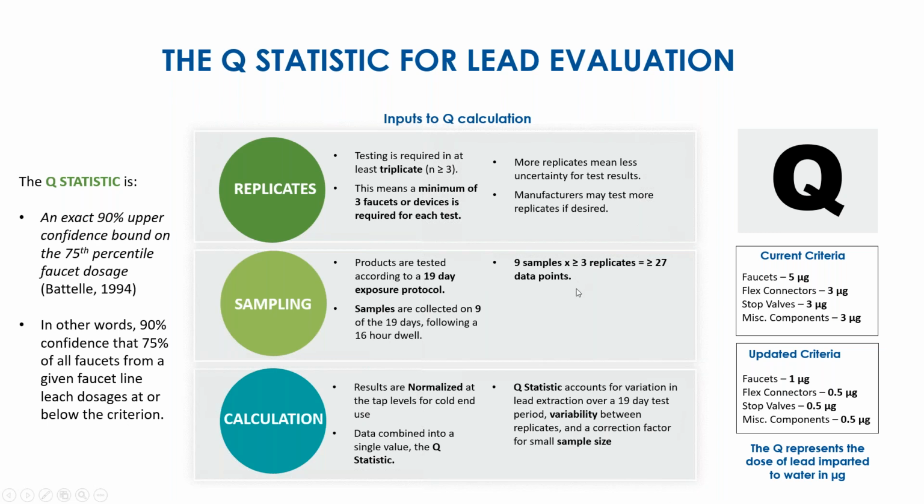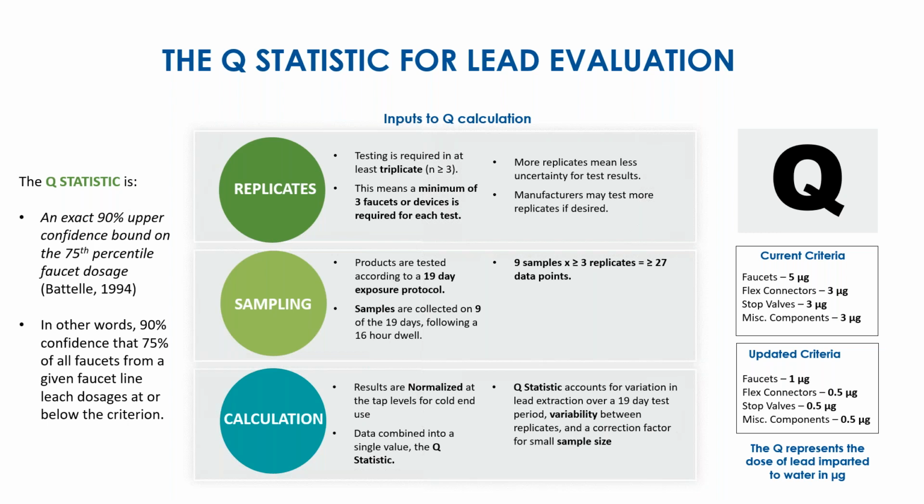When we are ready to calculate the Q, the results are first normalized for the at the tap levels for cold end use that would be expected from that faucet. And then the Q statistic itself is a calculation that combines those 27 or more data points into a single value, which is known as the Q statistic.